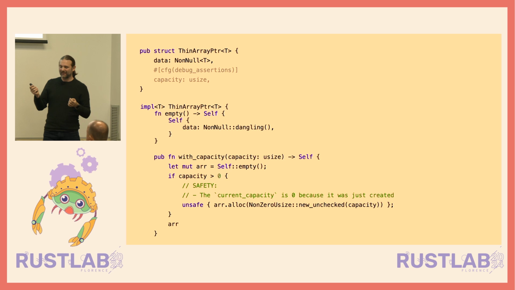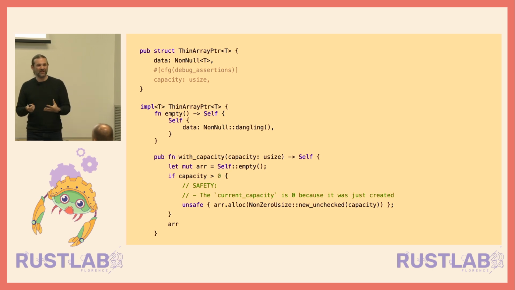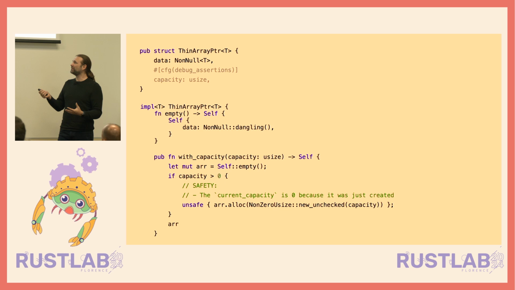The funny thing is that Bevy uses a NonZeroUsize::new_unchecked function. Again, this is an unsafe function because if you create a NonZeroUsize with 0, stuff goes wrong. This is why it's unsafe. This is why we need to wrap it in an unsafe block. But we check all the safety preconditions. We check that the capacity is bigger than 0, then we create a NonZeroUsize that is, well, not 0.